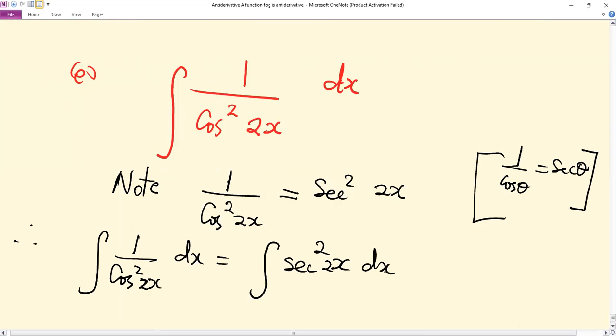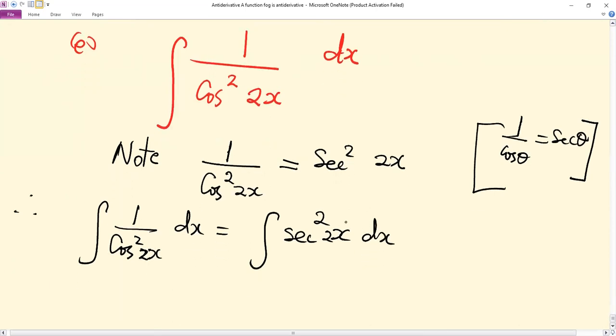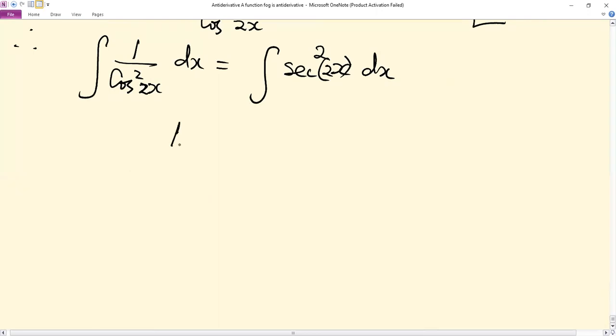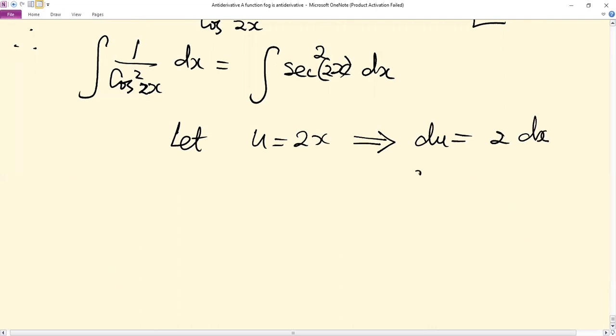which means that we can fix this part of 2x. So we let u to be 2x, which tells us that du is 2 dx, from which dx, we divide through by 2, will be du over 2.